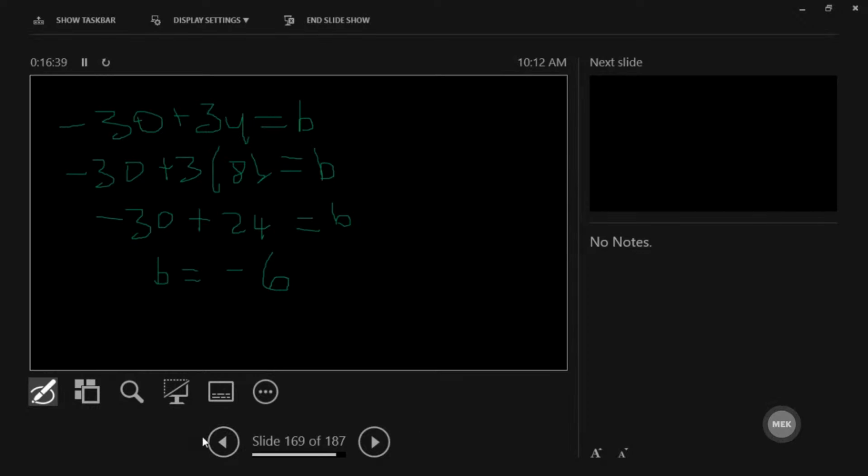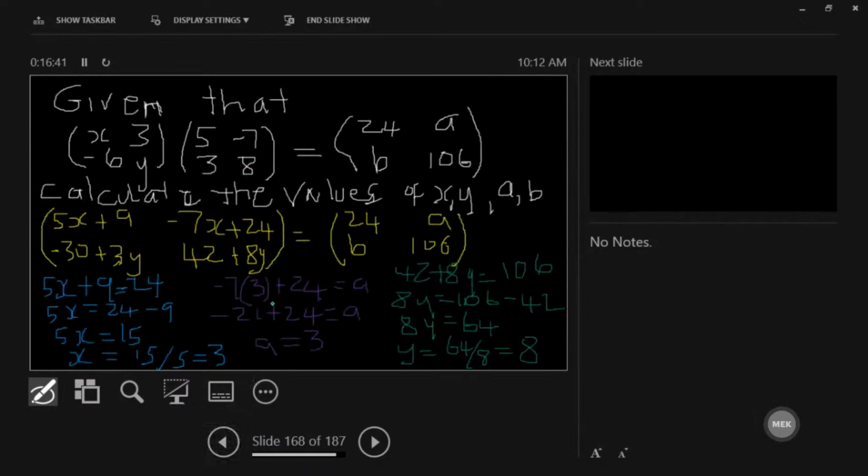So let's go back to the first slide. The original thing that we were given, two 2x2 matrices, just that one of them had variables in it. We had an x and a y. And we're told that given the first matrix with x, 3, negative 6, y, the product of that and the other matrix, 5, negative 7, 3, 8, the product of these two matrices.